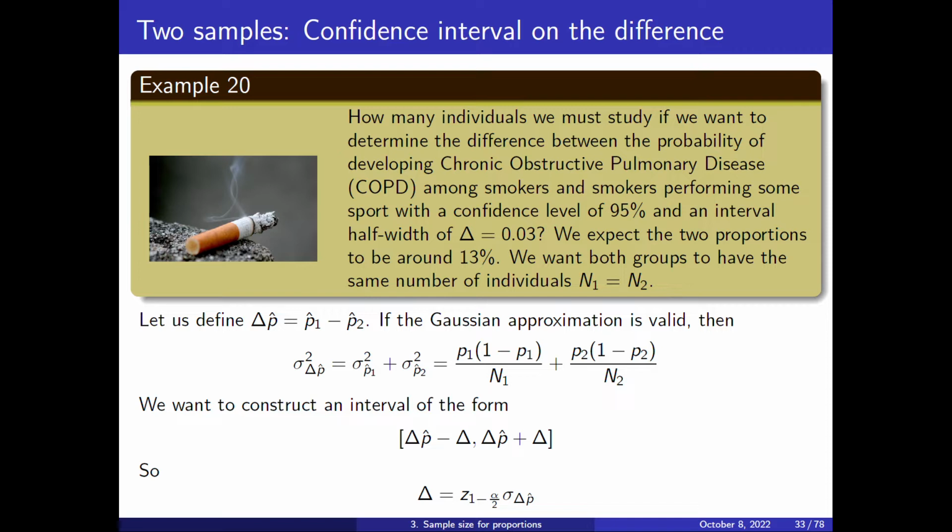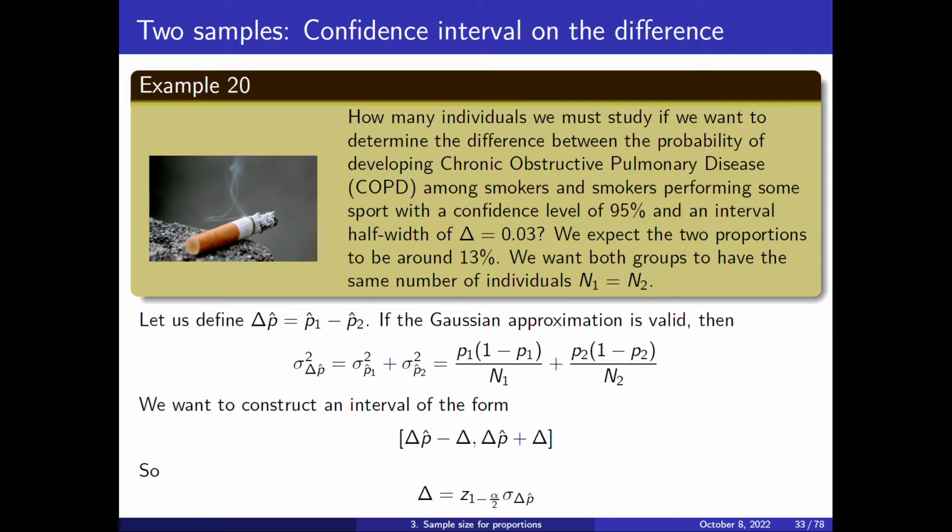So the confidence interval to the left will be -3%, to the right +3%. We expect the two proportions to be around 13%, and we will have the same number of individuals in both groups. So how do we calculate the sample size?